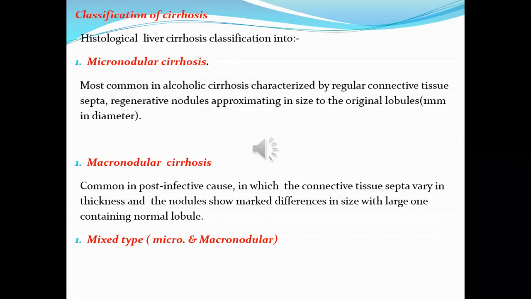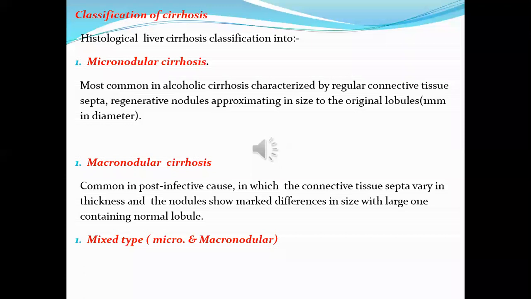The other type, macronodular cirrhosis, is common in post-infective cases due to hepatitis B, C, or any chronic infection of the liver, in which the connective septa vary in thickness and the nodules show marked difference in size, with the large ones containing normal lobules. That means the nodules are different in size, one small, another large, variable in size.